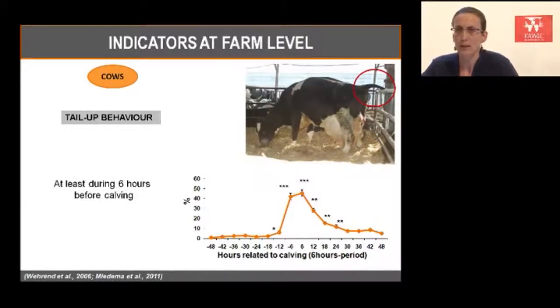From one study performed in our group, and according to other authors, during at least 6 hours before calving, you can observe the tail-up behavior in the majority of the cows. So it's a good indicator that calving is approaching. And we think it is one of the most useful indicators, because it's easy to detect, and you only need a little time or a specific moment to observe the animals.